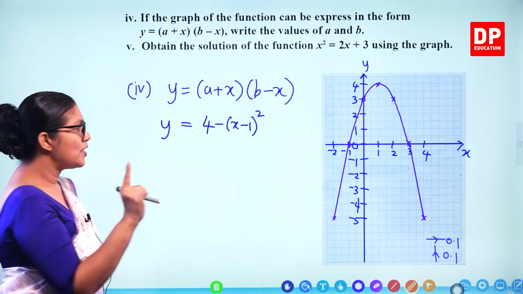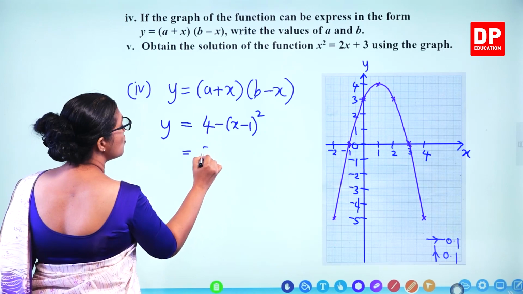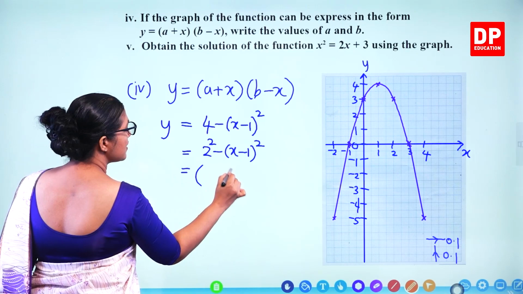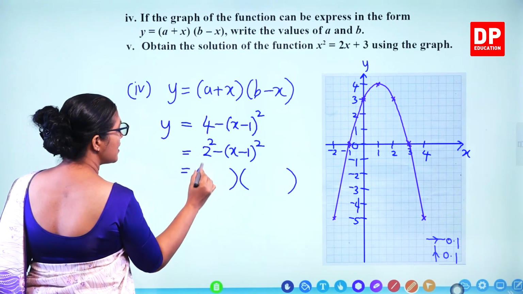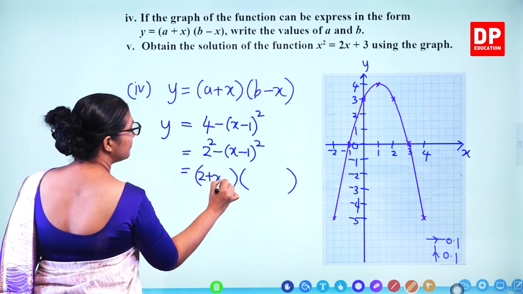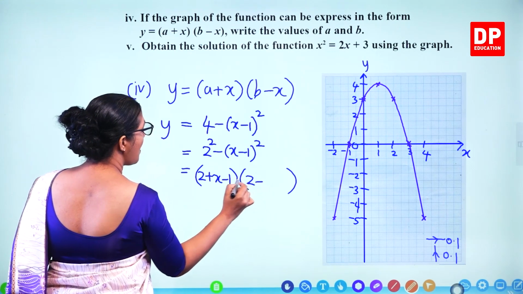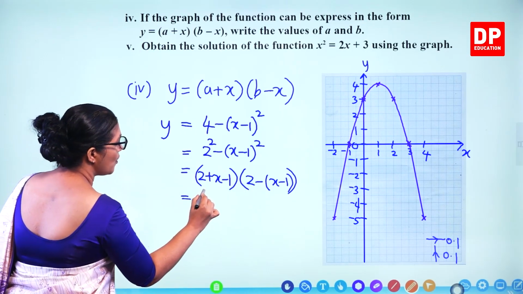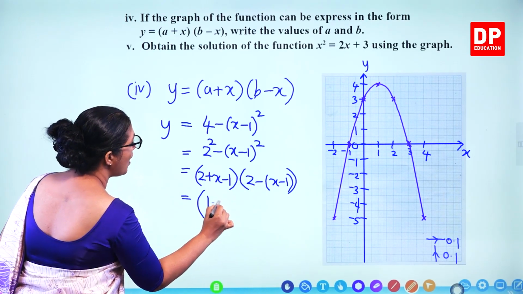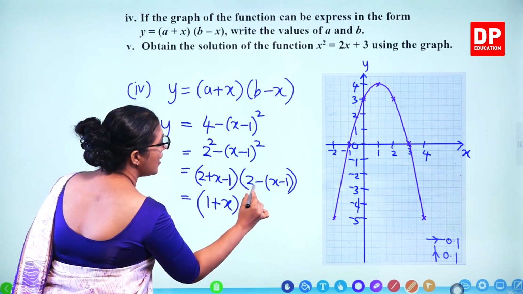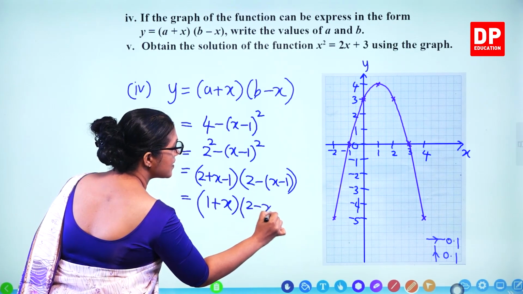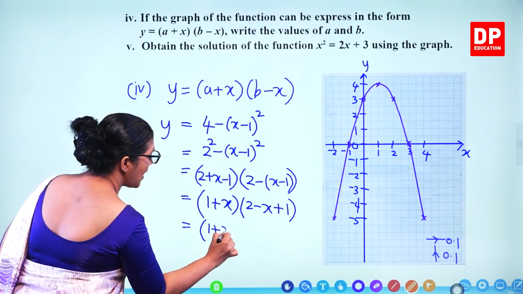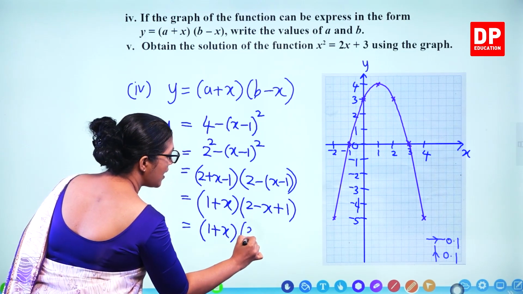You can use the difference between two squared terms: 2 squared minus (x minus 1) squared. And what are the factors? Two factors you are getting. One is plus and the other one is minus. Make sure that you put brackets here. So what are the factors? 2 minus 1 is 1, so 1 plus x, and 2 minus x minus minus plus 1, 2 plus 1, 3 minus x.